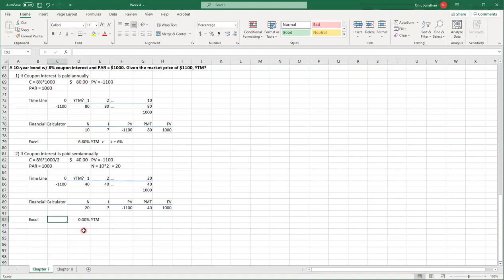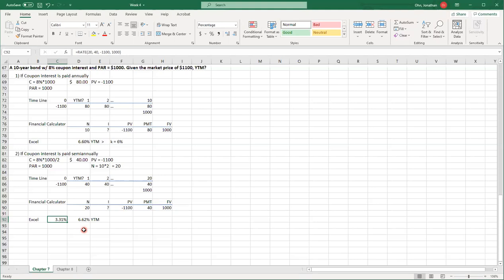See, that's it. I, great. And period is 20. Payment is 40. And then present value is minus 1,100. And then future value, par value, 1,000. If you enter that, it gives you 3.31%.